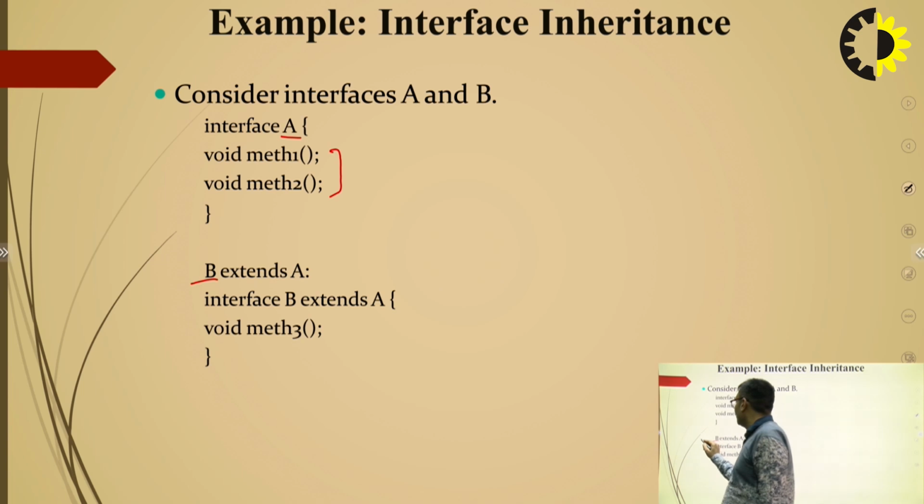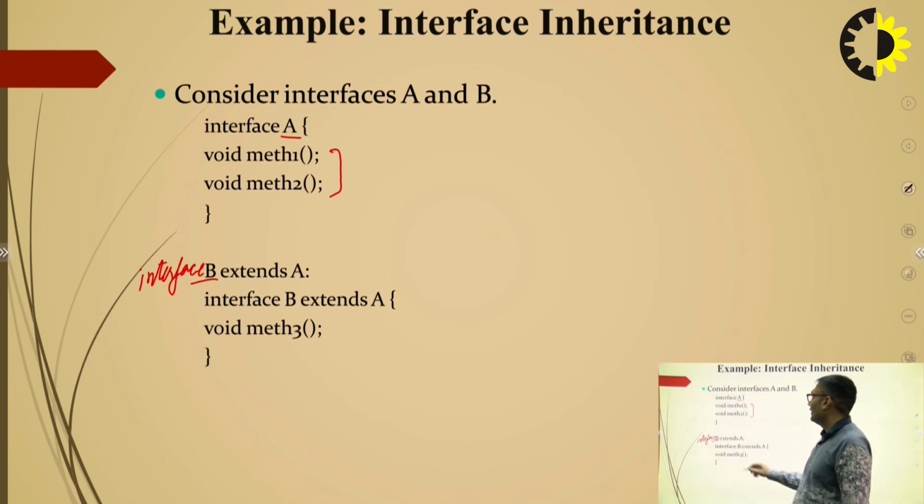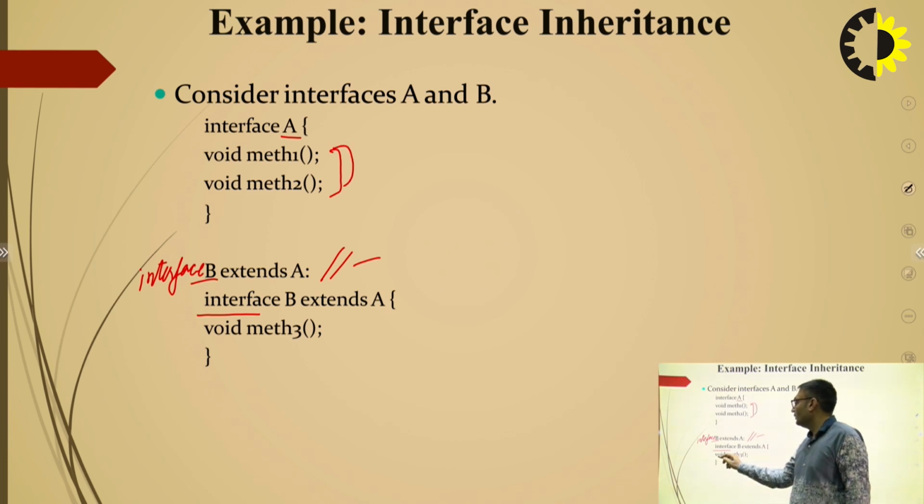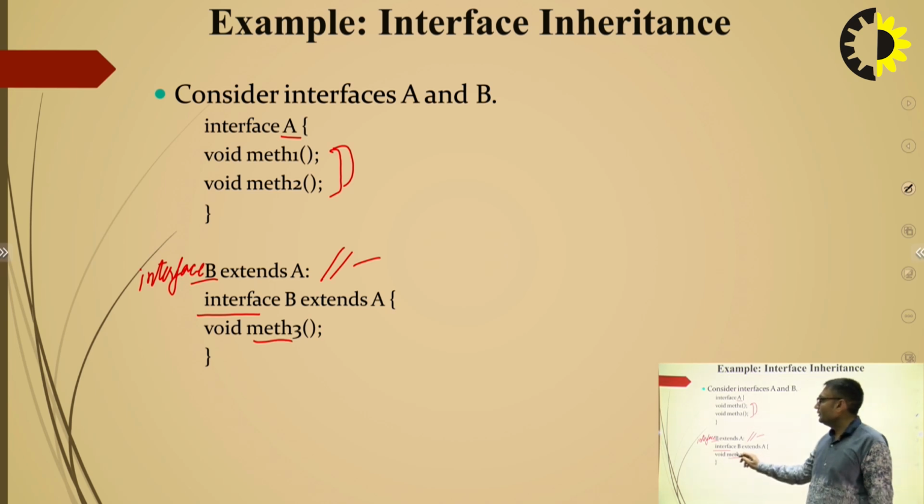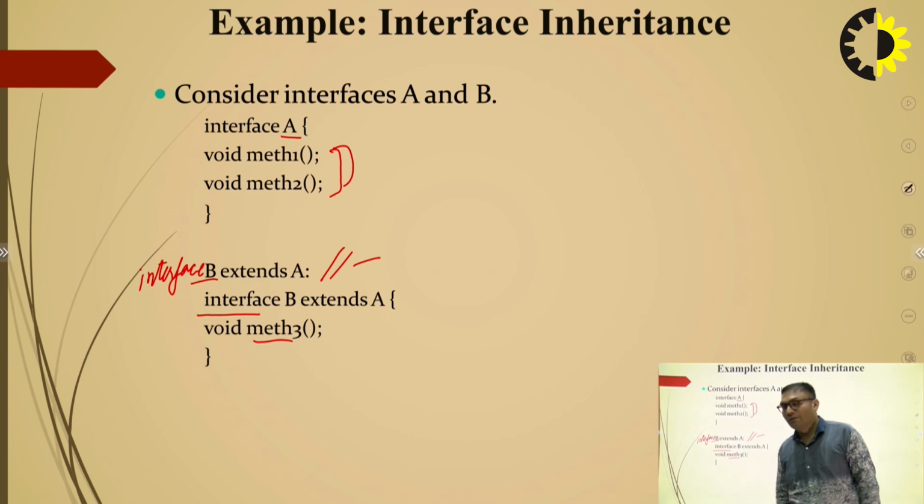Here I will write interface B that extends A. Interface B extends A, so there are the two methods math1 and math2, and there is another method, math3. So there are a total of three methods now present inside interface B.